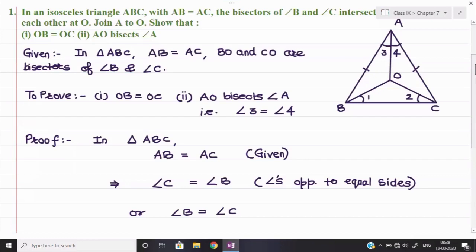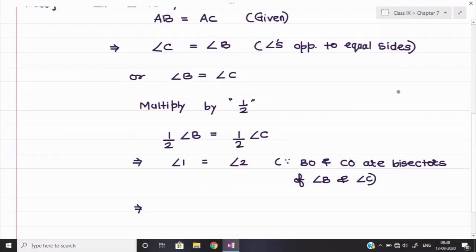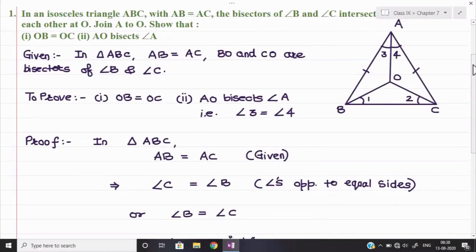So in triangle OBC, once again see, if angle 1 and angle 2 are equal, then in front of angle 1, which side is coming here? In front of angle 1, that is coming side OC. And similarly, look at angle number 2.